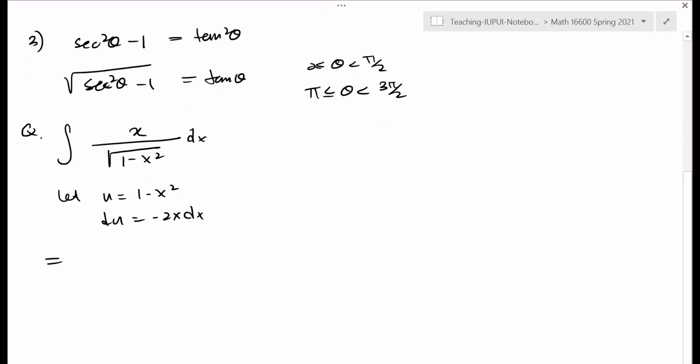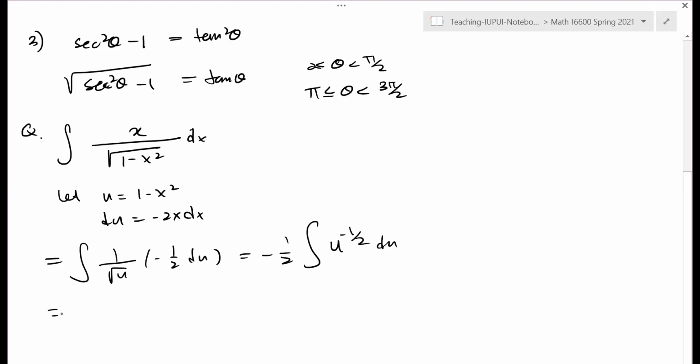So where are we? Let me quickly write this down. What do we get? We got the square root of u and negative 1/2 du. So that is actually negative 1/2 u to the negative 1/2 du. Then I get negative 1/2 u to the 1/2 over 1/2 plus constant.